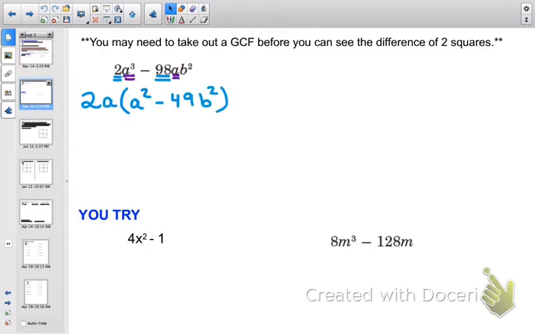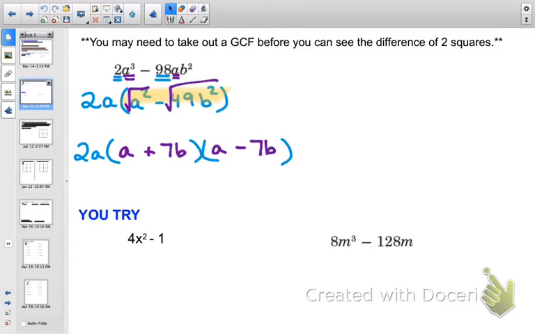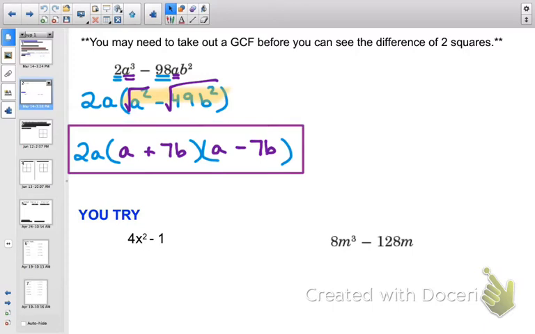I've got a squared minus 49b squared in parentheses now after I took out my GCF, which is a difference of squares. So again, we can write our double bubble, and we're going to take the square root of both terms. The square root of a squared is a, opposite signs. The square root of 49 is 7, and the square root of b squared is b. There's our final answer. Don't forget to keep the 2a on the outside.